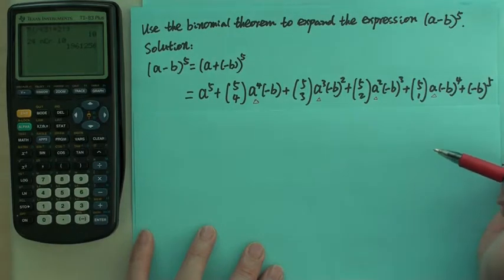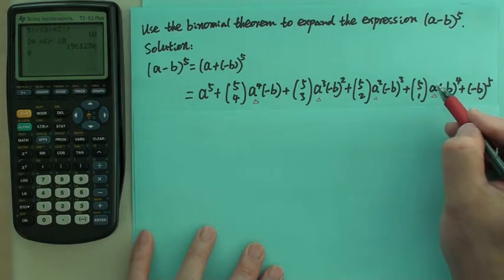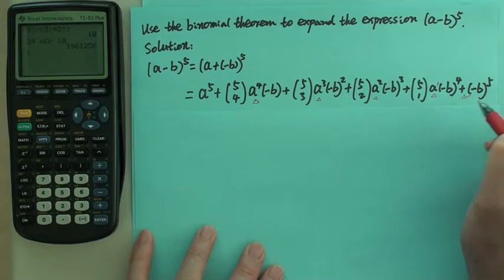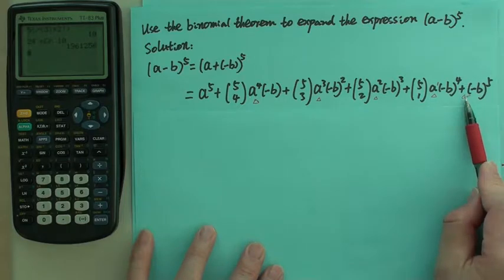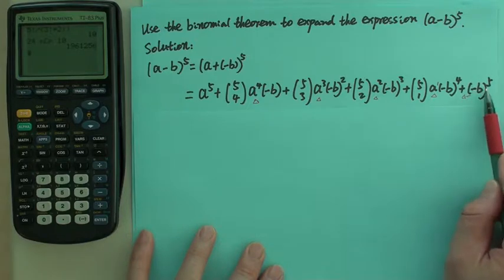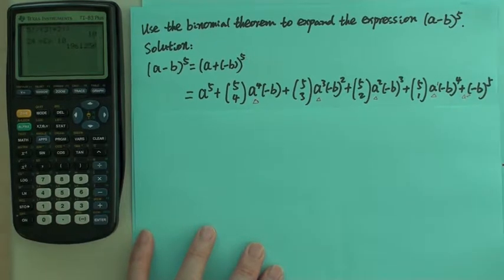It goes down until a to the first, until a to the 0, but a to the 0 again is 1. So up to 0 you stop, okay? Because 1 times negative b to the 5th is the same number. 1 times any number is that number, okay?